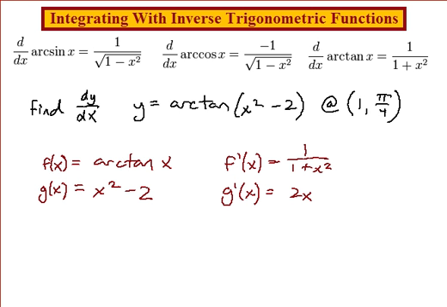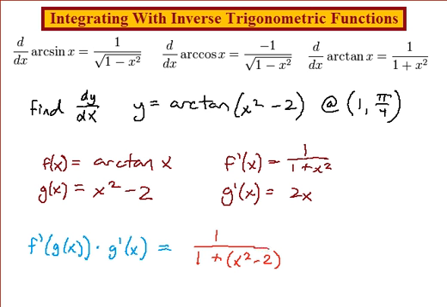The chain rule follows f prime of g of x multiplied by g prime of x will give us this result. 1 over 1 plus, and we are going to square x squared minus 2, multiplied by the derivative of g of x.